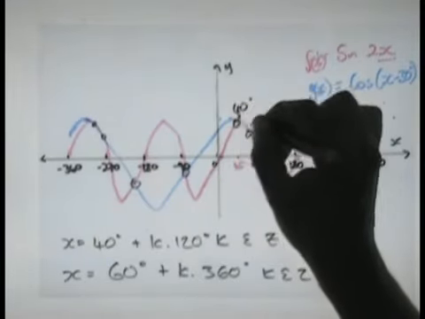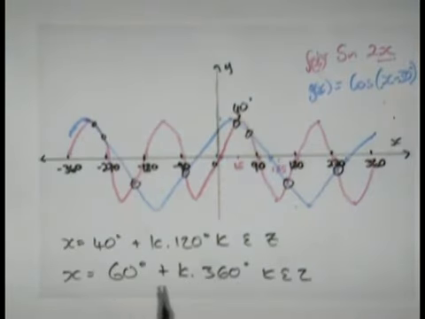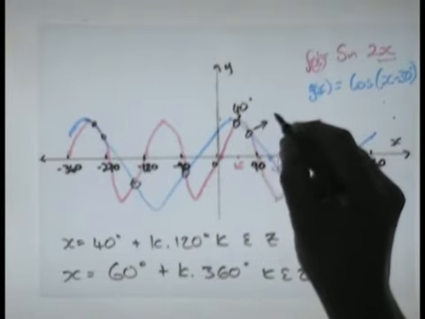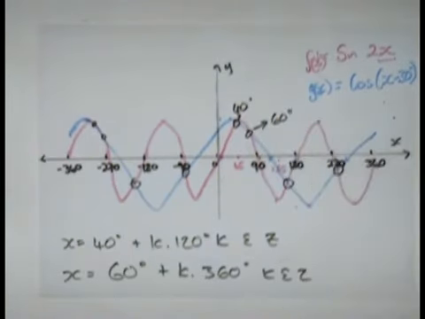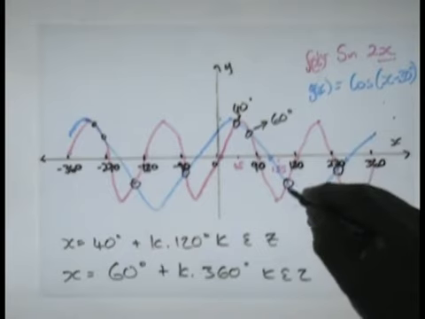That means that solution is 40 degrees. When k is equal to 0 here, this solution is going to be 60 degrees plus 0, which is 60 degrees. When k is equal to 1, this is going to be 1 times 120 degrees, which is 120, plus 40, which is 160.